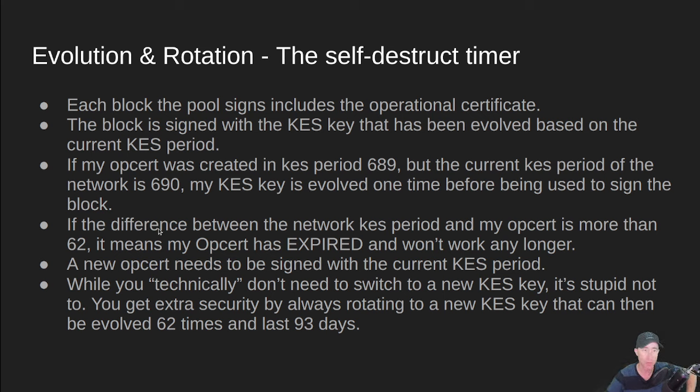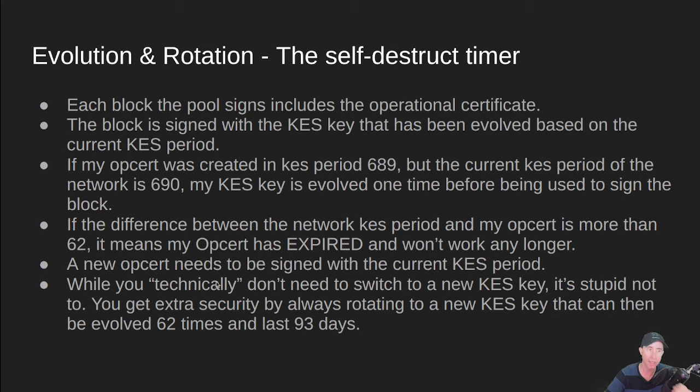If the difference between the network and my KES period is more than 62, that means my opcert has expired and it won't work any longer, because then somebody trying to verify the block can't actually evolve my key enough times to verify the block signature.